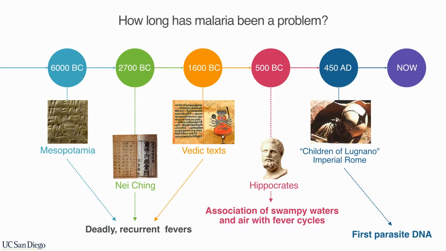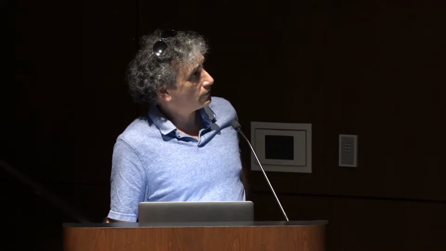And I should say that malaria is a disease that kills about 500,000 people annually. It disproportionately affects the developing world, and it disproportionately affects children. So there are several different forms of the parasite, and as I mentioned, they're host-specific.